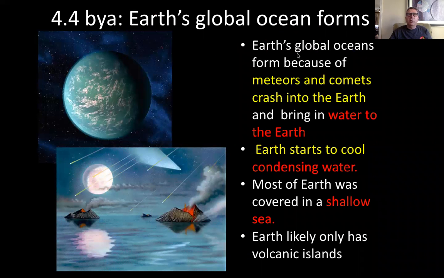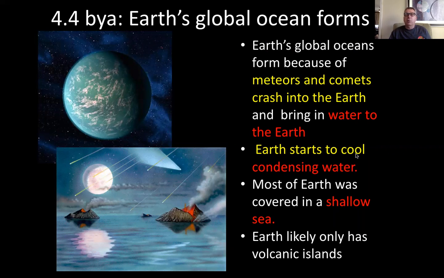4.4 billion years ago, all right? So the cause, we have the meteors and comets crash into the Earth. And since they were made of ice, the effect is water. Okay. And then as the Earth cools, so the cause, we have liquid water.